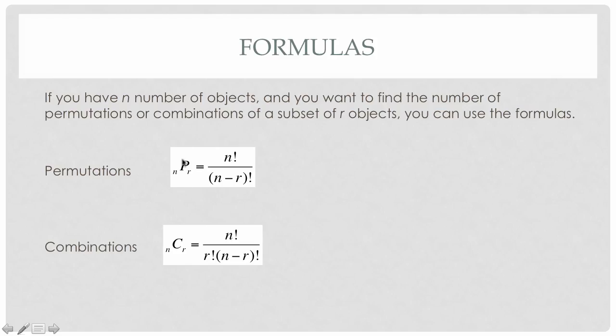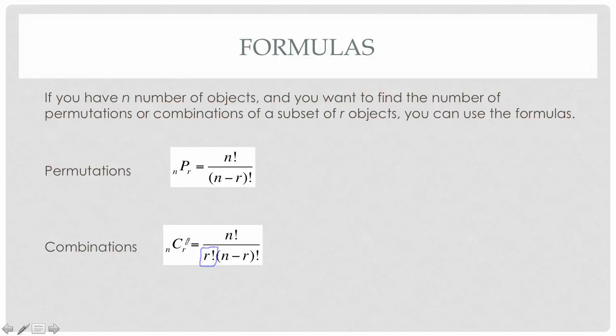Again, there's your two formulas. So we looked at the permutation formula right here, right? N number of things, but we divide out a certain amount. The only difference between these two is in combinations, we do this extra division bit, just like we did before, where we divide out all the ways we have a different permutation.